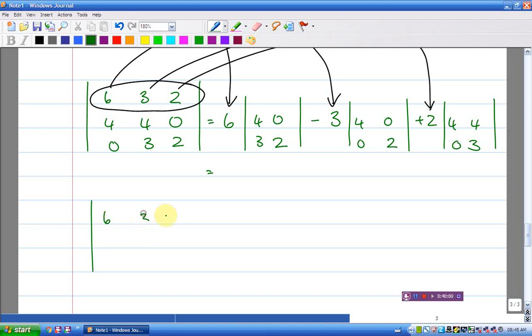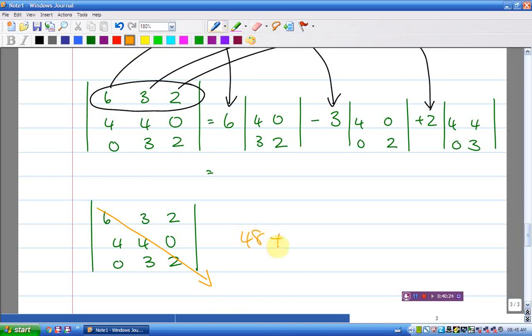6, 3, 2, 4, 4, 0, 0, 3, 2. You multiply the numbers on the main diagonal: 6 times 4 times 2, which is 48.